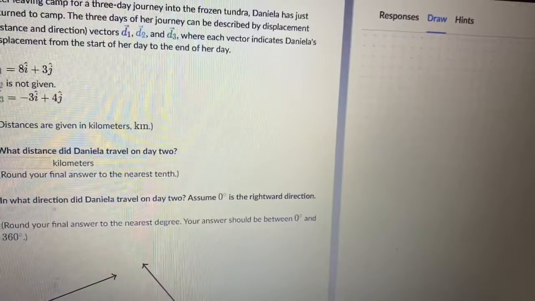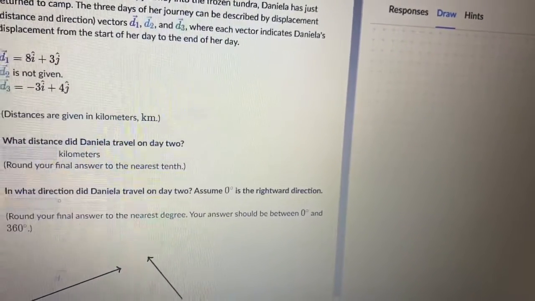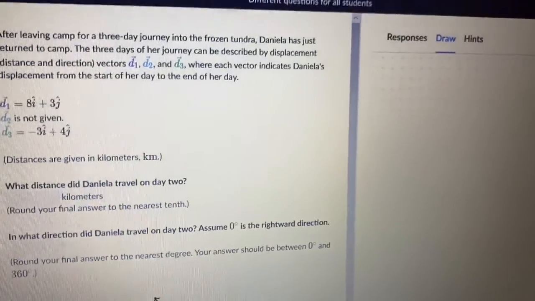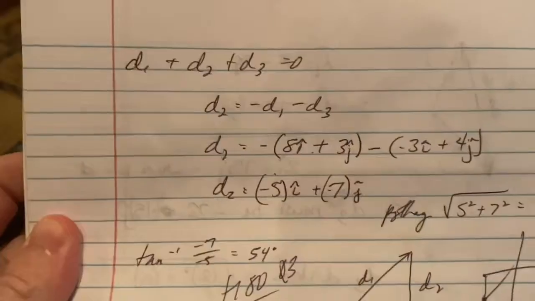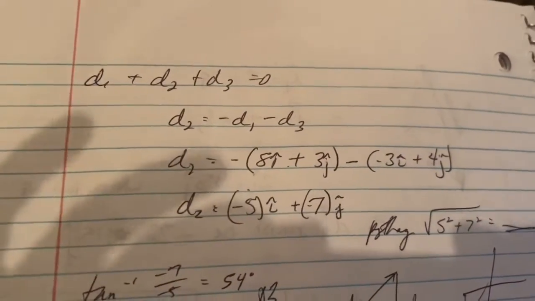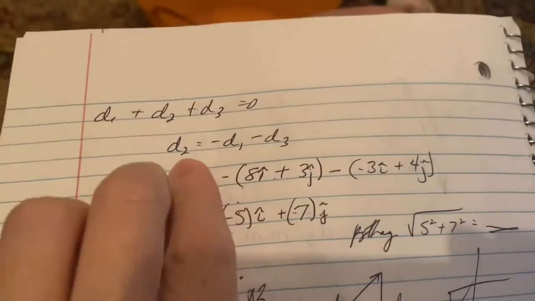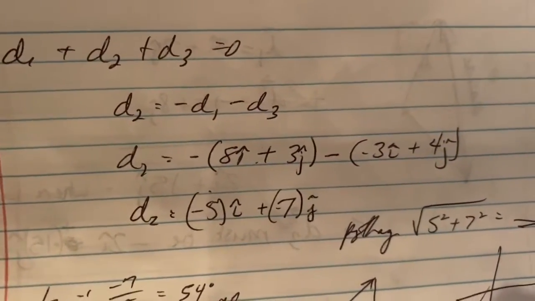We got D1, where's D2 going to get back to camp? Well, there's going to be D3 down here, but writing it out, these 3 have to add to 0 because they get her back to camp. And solving for D2, day 2, you can see my work there.